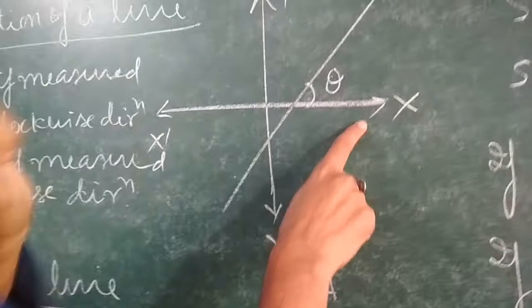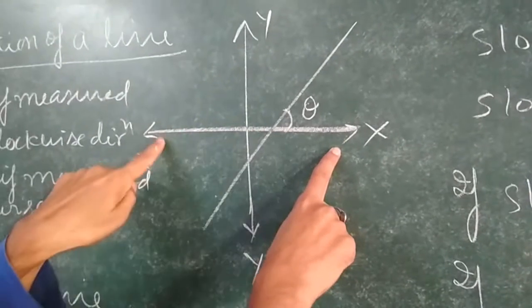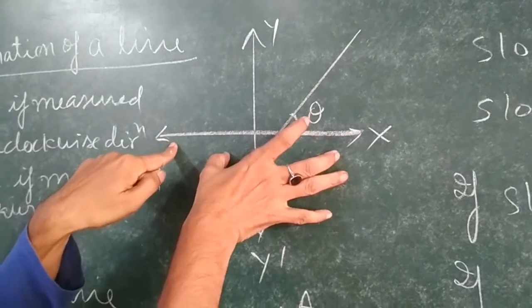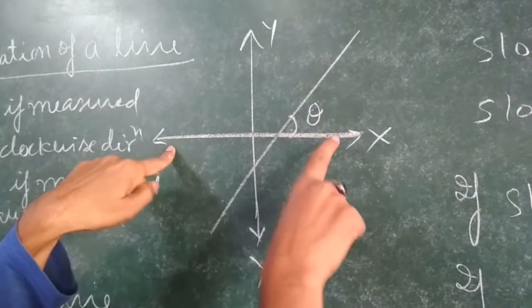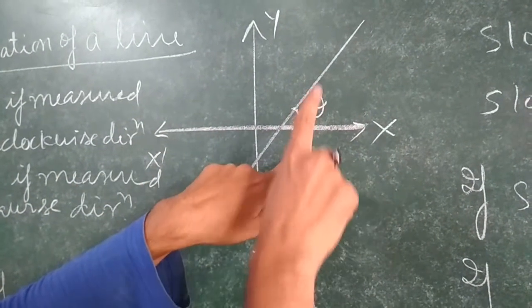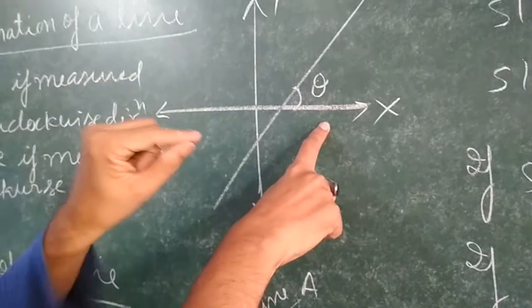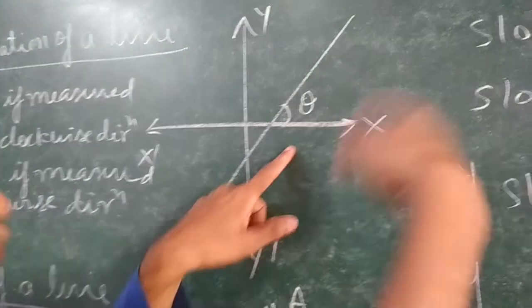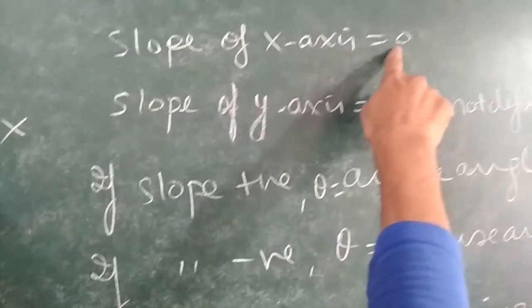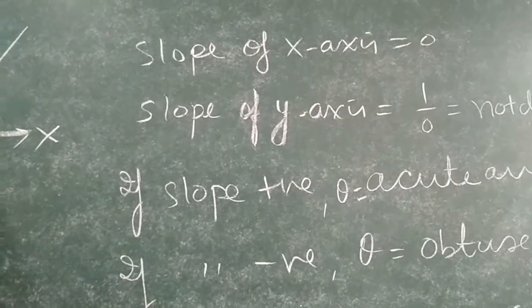If you want to know the slope of this line, because the x-axis itself is a line, we can find the slope of the x-axis. The x-axis makes a 0 degree angle with itself, so m equal to tan 0 degree, that is, the slope of the x-axis is 0.